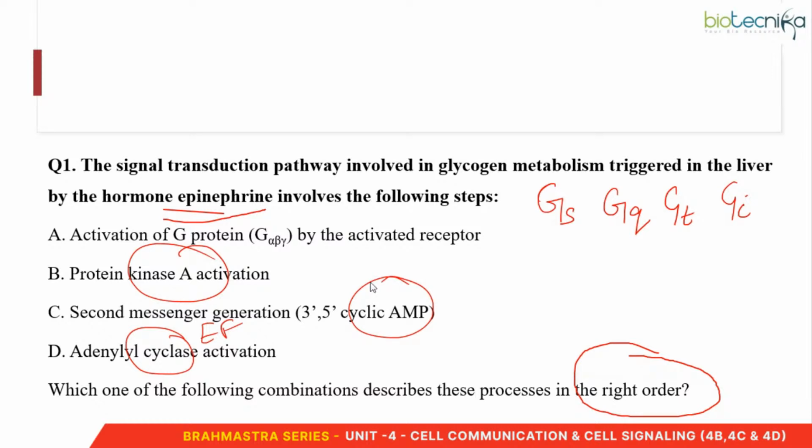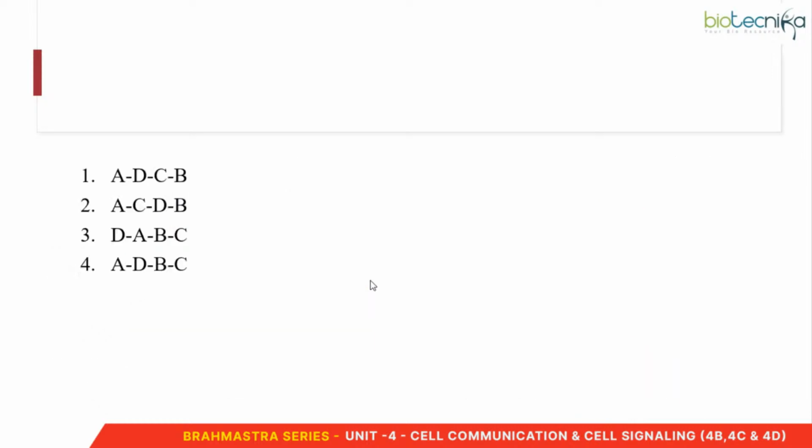Always remember the basic background of any sequence. ADCB is correct. Malini and Habib, both of you are absolutely correct. In the sequence, the ligand binds to the receptor, which activates the effector protein, which leads to the activation of the second messenger.